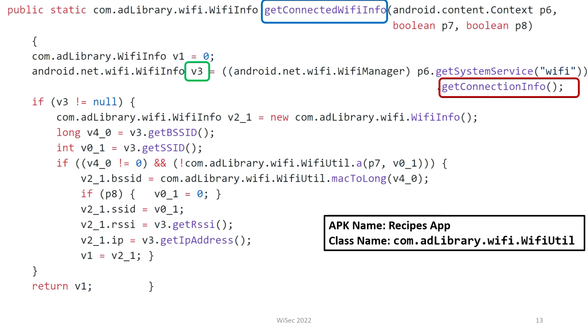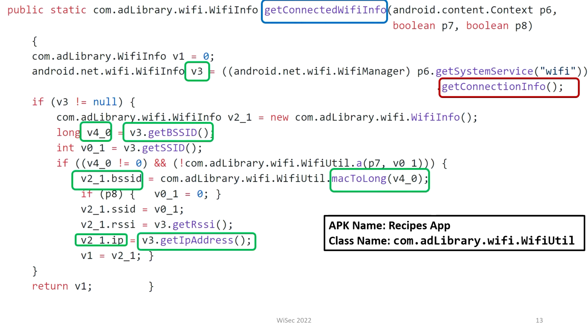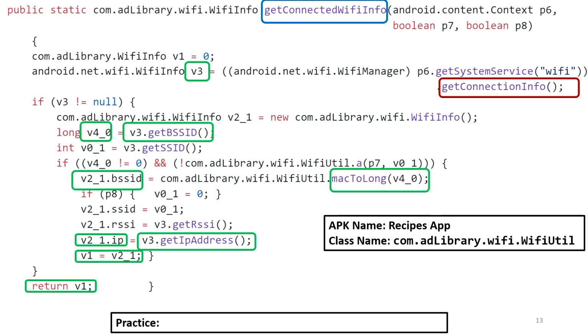Now, if we take a close look and analyze the flow, we can notice that this information has been used to get the MAC address and IP address of the device, and it has also been returned to further hops. So from these analyses, we can conclude that the practice of accessing this information is processing.